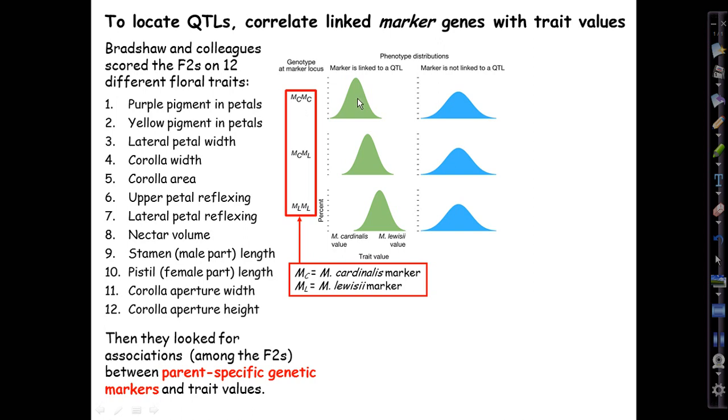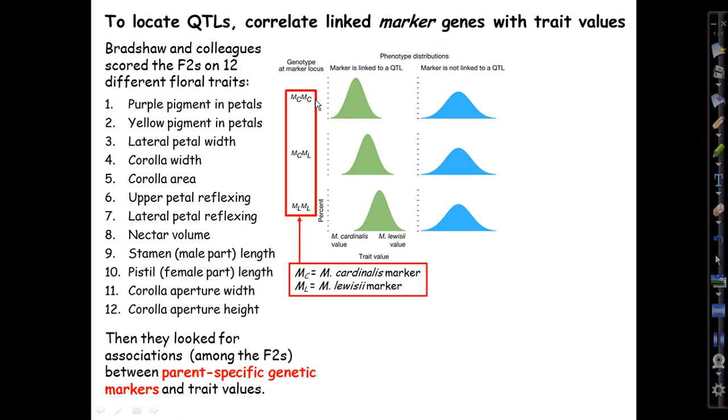All right, so that indicates that the marker is probably not the quantitative trait locus itself, but that it is linked and is in linkage disequilibrium with the quantitative trait locus, for the obvious reason that it's been in a separate population for a long time.